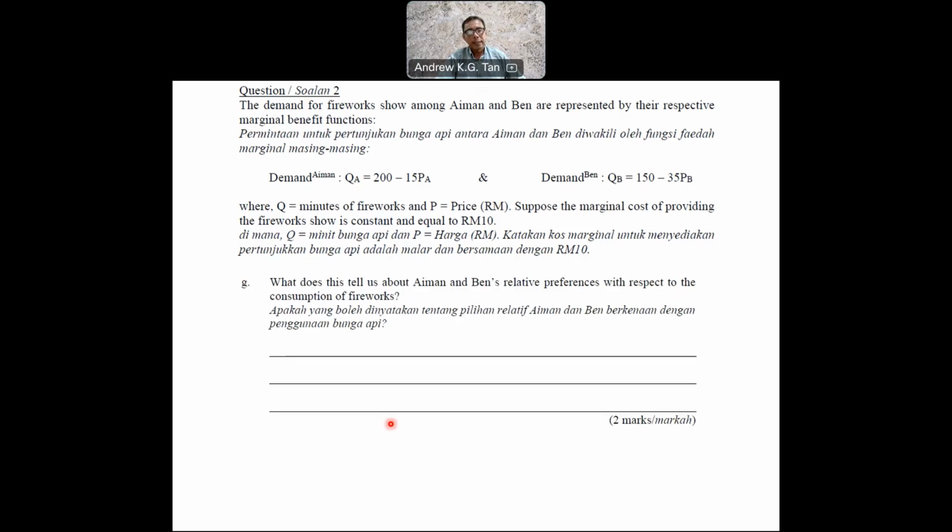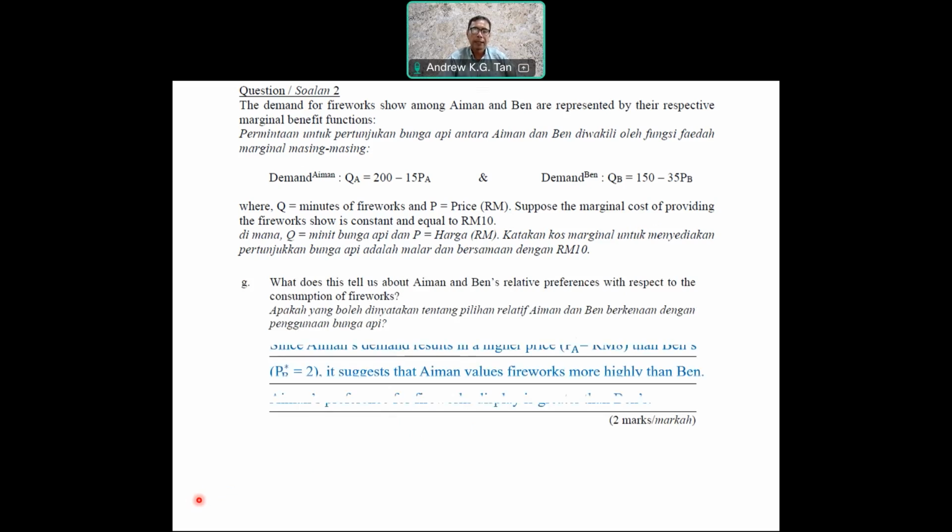G. What does this tell us about Ayman and Ben's relative preferences with respect to the consumption of fireworks? Ayman is willing to pay RM8, Ben is willing to pay RM2. Apa yang boleh dinyatakan tentang pilihan relatif Ayman dan Ben? Maka boleh dikatakan bahawa Ayman has a higher demand than Ben for fireworks show.